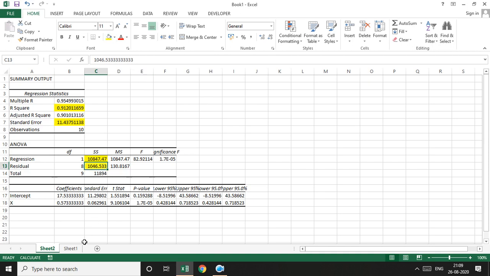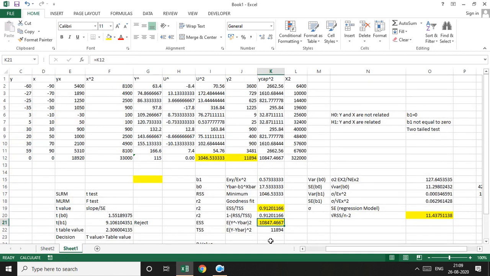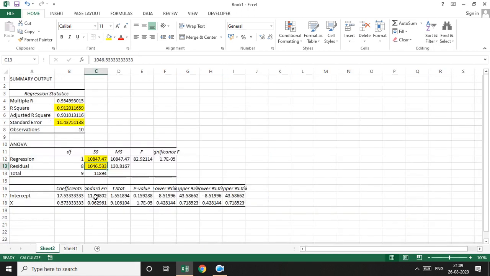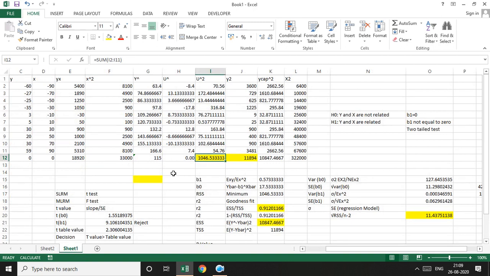Yes, 1046. Then this is the total sum of squares, TSS, 11894. It is the sum of small y square.